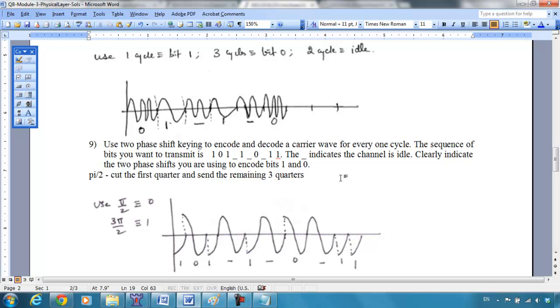Then 3 pi over 2, cut the first 3/4 and send the last quarter. Okay.